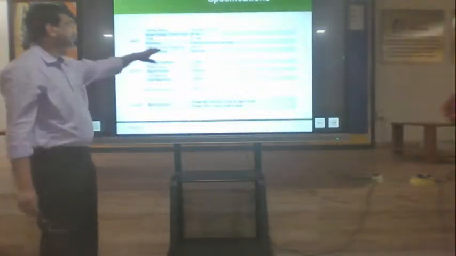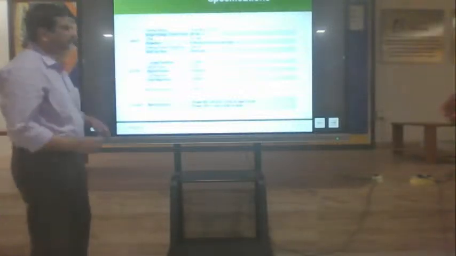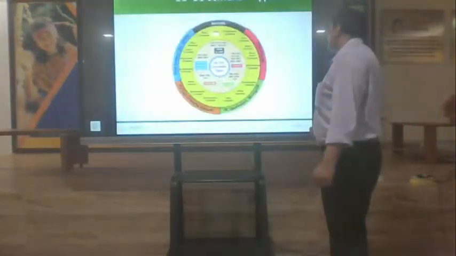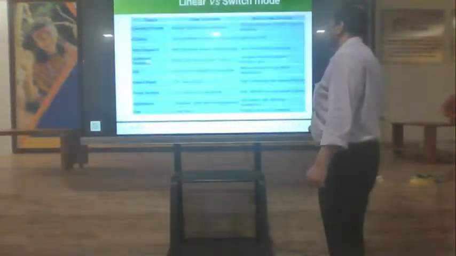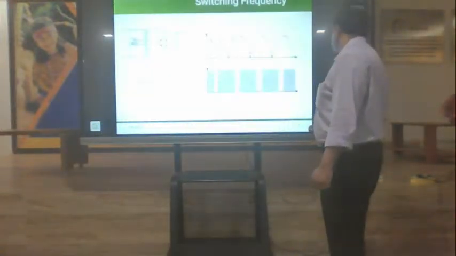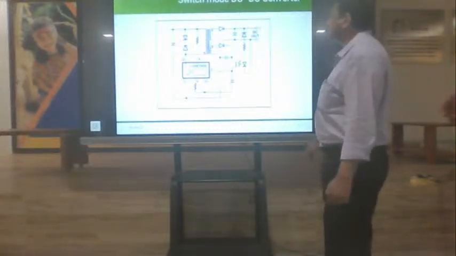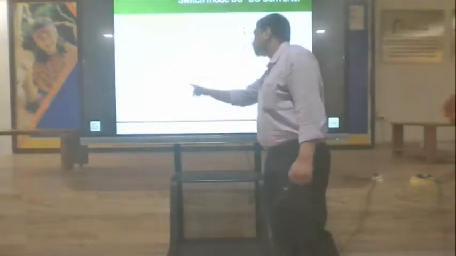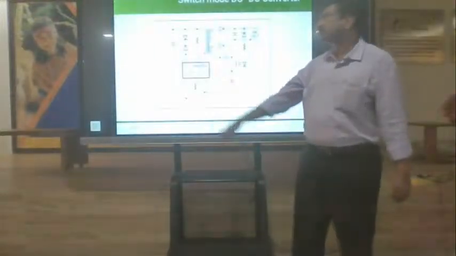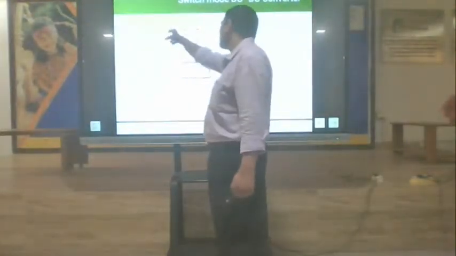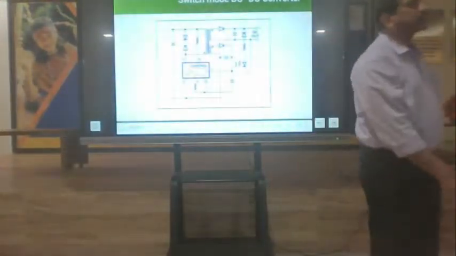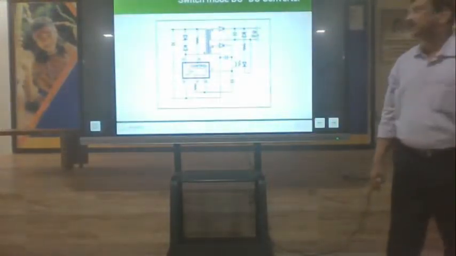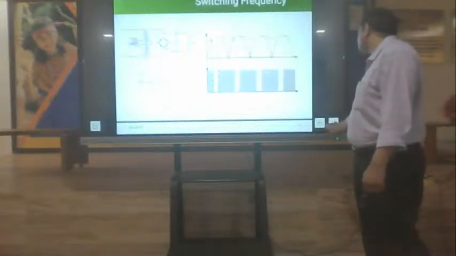Internal power dissipation: here we have a control circuit. This control circuit takes power from the input and starts functioning. How much power this internal control circuit consumes is called the internal dissipation.